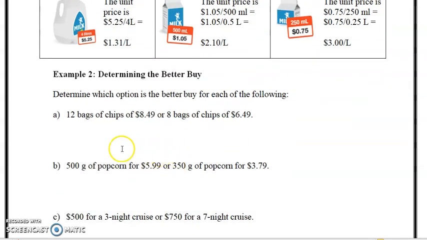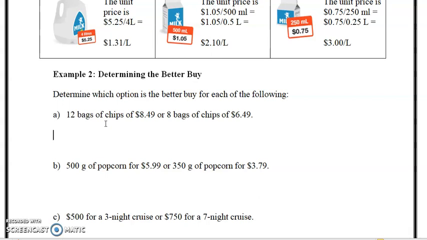Let's take a look at example number 2. Determine which option is the better buy for each of the following. 12 bags of chips at $8.49 or 8 bags of chips at $6.49. What you're going to do is find the unit price of both, and the better buy is going to be the one with the lower unit price.